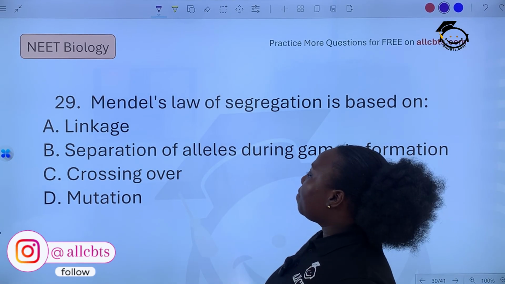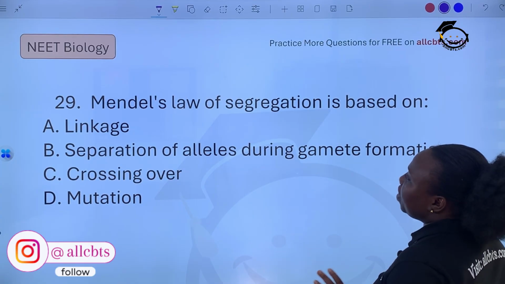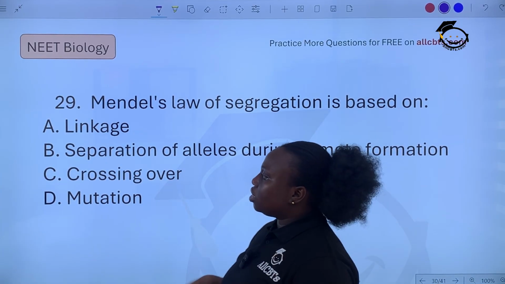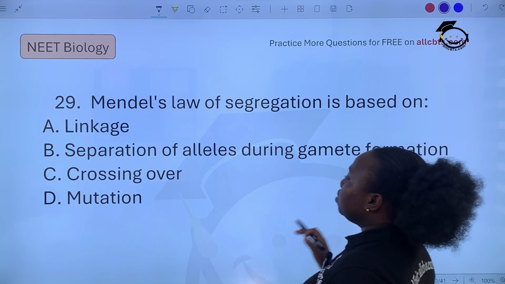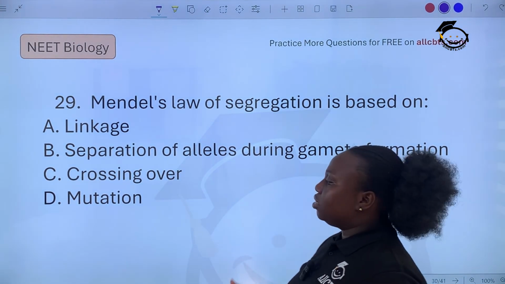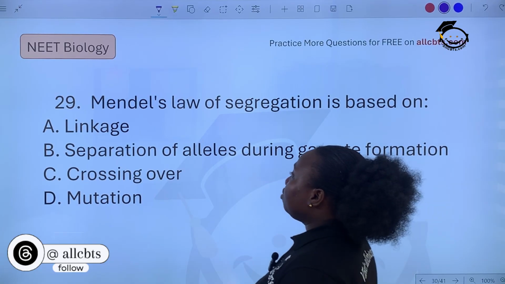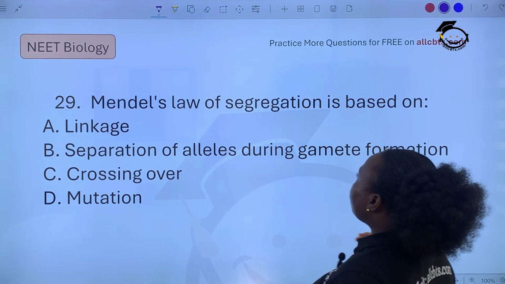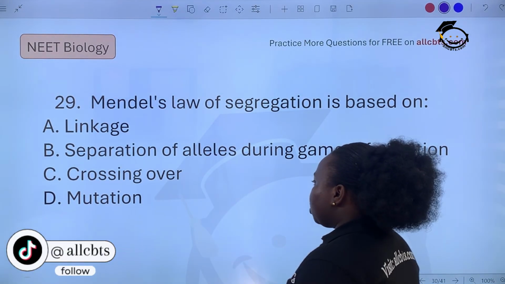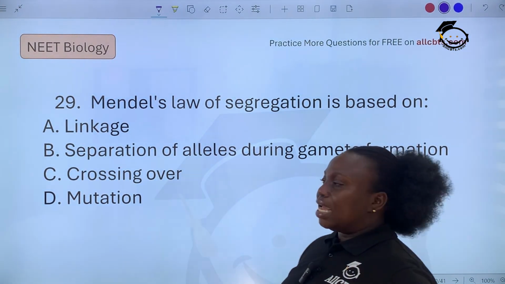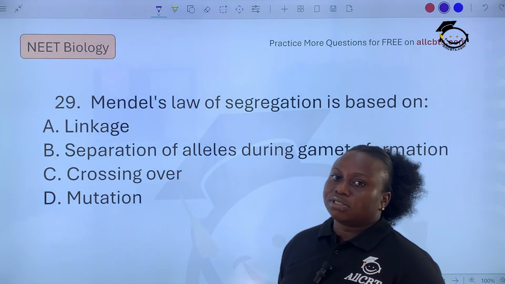Number 29, Mendel's law of segregation is based on what? A, linkage; B, separation of alleles during gamete formation; C, crossing over; and D, mutation. Now, when you are talking about Mendel's law of segregation, we just saw a question earlier that had to do with crossing.